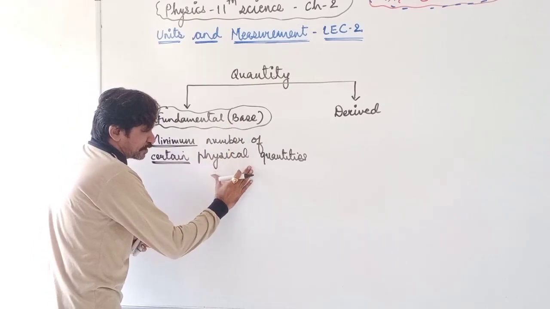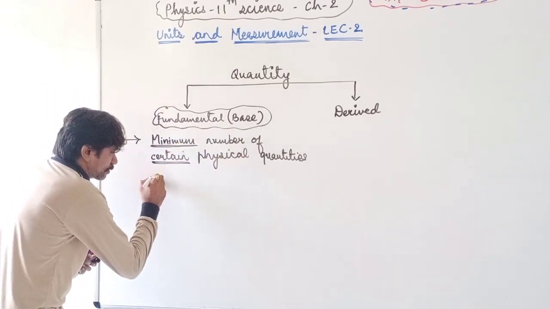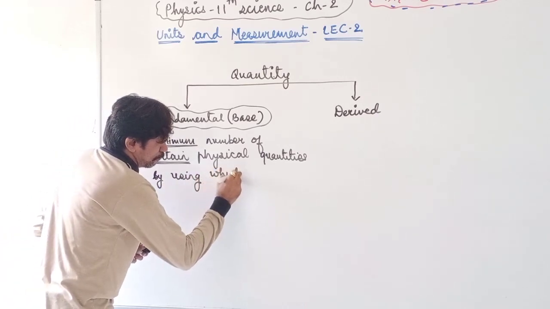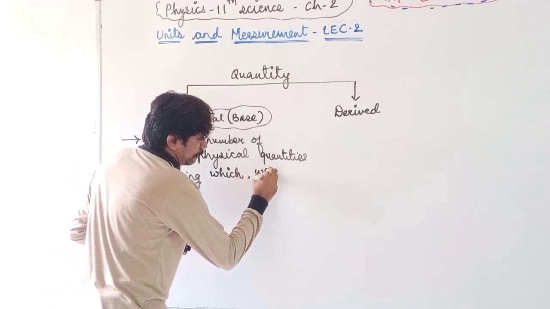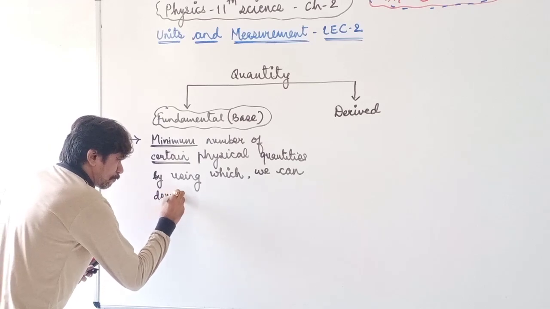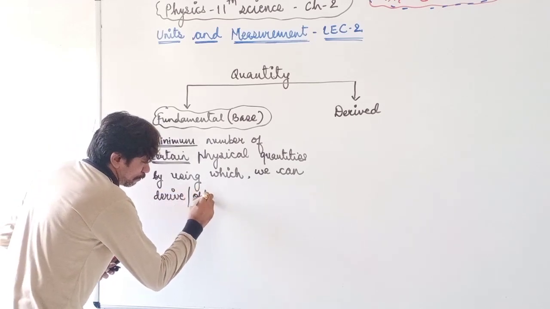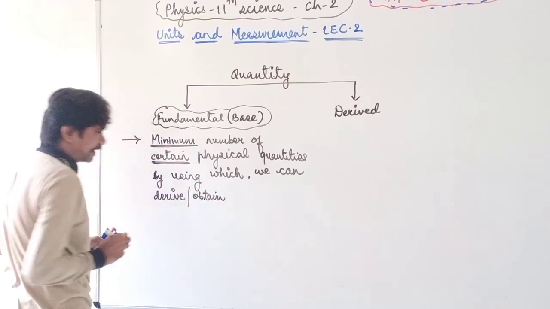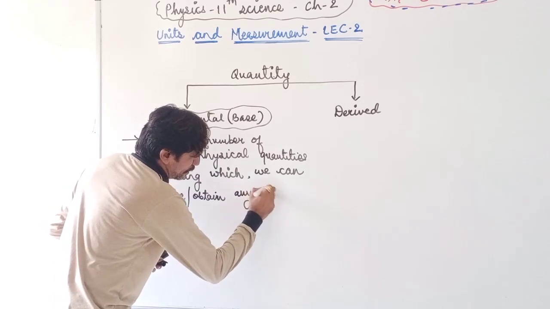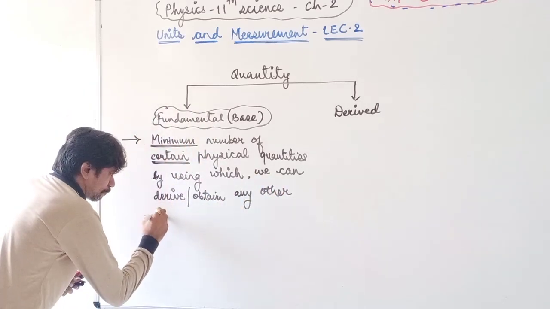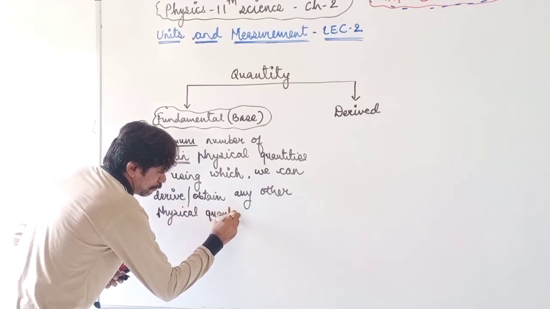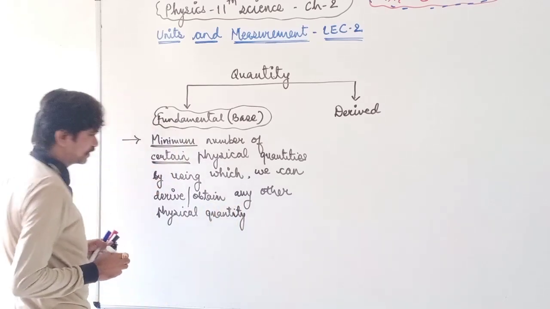Minimum number of certain physical quantities by using which we can derive or obtain any other physical quantity.